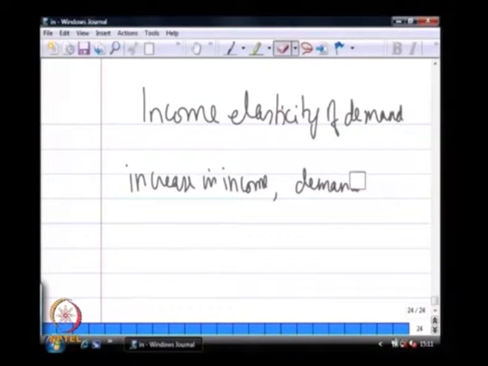Demand also increases with increases in income. The degree to which an increase in income will cause an increase in demand is called the income elasticity of demand. So the percentage increase in demand, the degree to which a particular product or service is demanded with increases in income, is the income elasticity of demand.